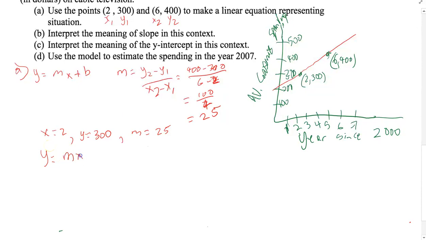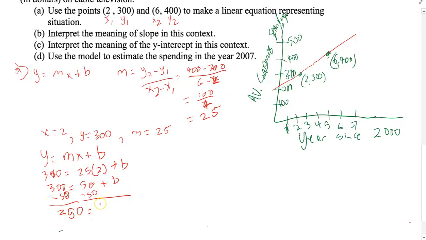We have 300 is equal to 25 times 2 plus b, so 300 is equal to 50 plus b, because 25 times 2 is 50. If we subtract 50 from both sides of the equation, doing a bit of algebra here, we have 250 is equal to b. So we have found our slope, which is 25, and we've found our intercept, which is 250.